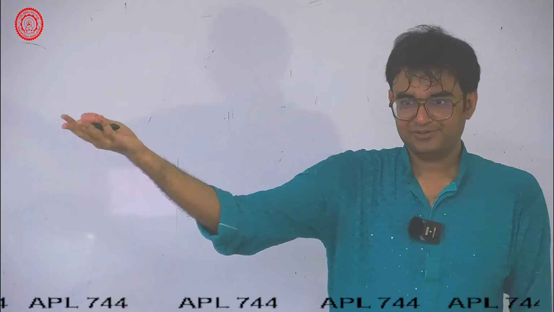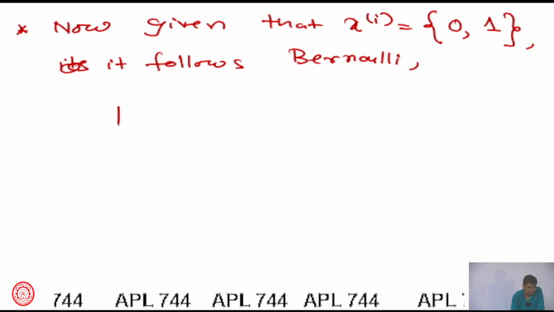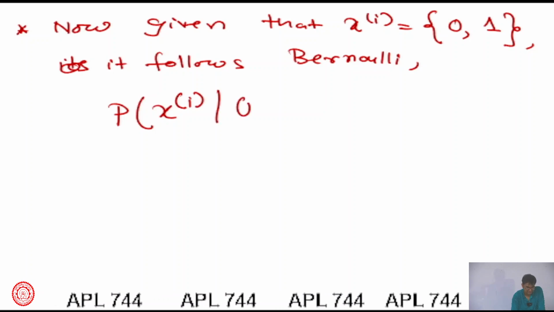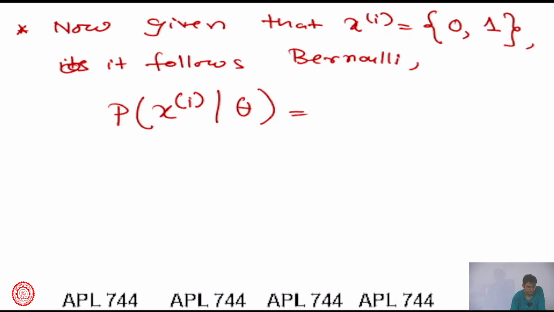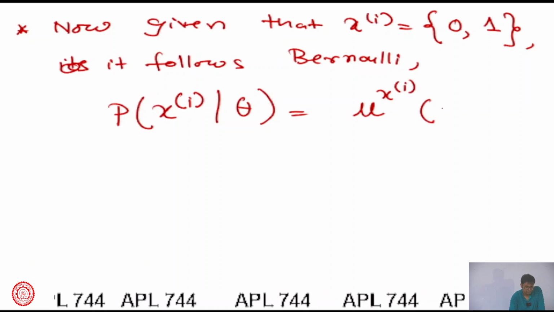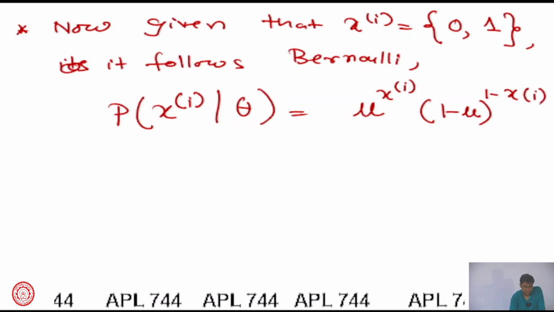Anywhere there is a success or failure and you are doing it each time, that is a Bernoulli distribution. If this is not clear, see the video from last time where I covered the Bernoulli distribution. So the probability of xi given theta, where theta is equal to mu, will be equal to mu to the power xi times 1 minus mu to the power 1 minus xi.